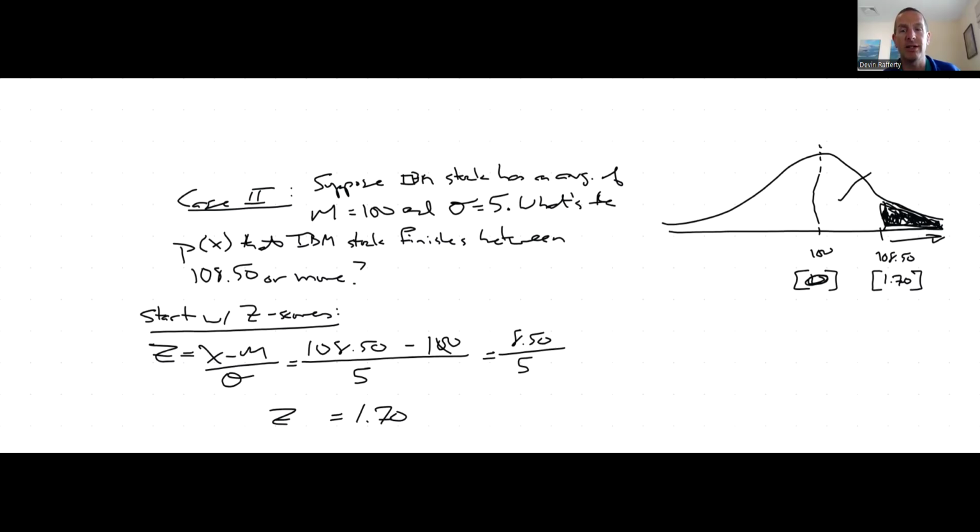If I can find that, then I could do 0.5 minus this white area, which will leave me with just the shaded region right here. Simple as that.